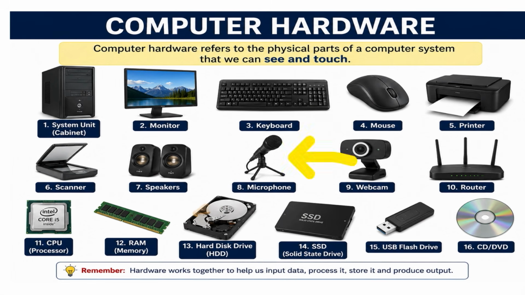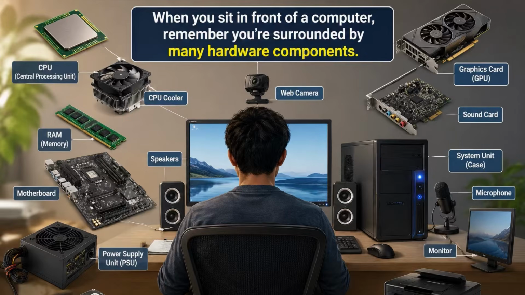Even devices such as microphones, webcams, and routers are considered hardware because they are physical components that support communication and interaction with the computer system. So, the next time you sit in front of a computer, remember that you are surrounded by many different hardware components working together.